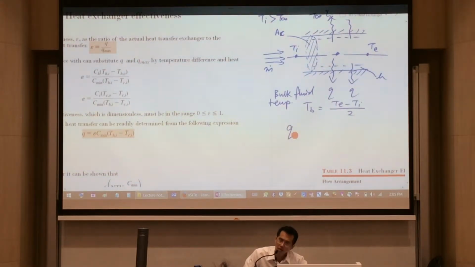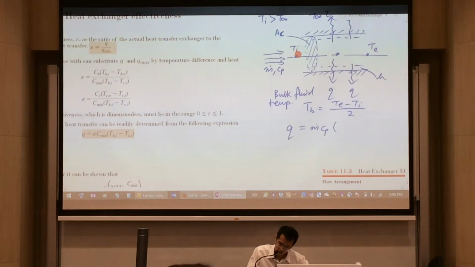Now, the heat lost would be Q equal to mass flow rate multiplied by specific heat capacity of the fluid, multiplied by the temperature difference. Because this part here is at a higher temperature than Te, so Ti minus Te.